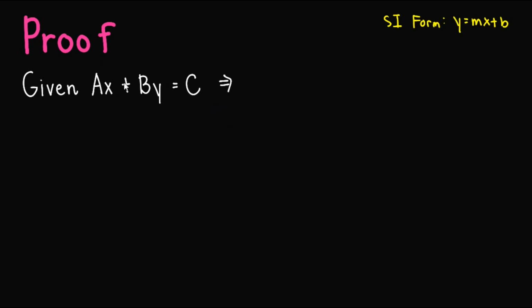To make this into its slope-intercept form, we start by subtracting ax from both sides, since our goal is to isolate y on one side of the equation. This will give us by equals negative ax plus c.